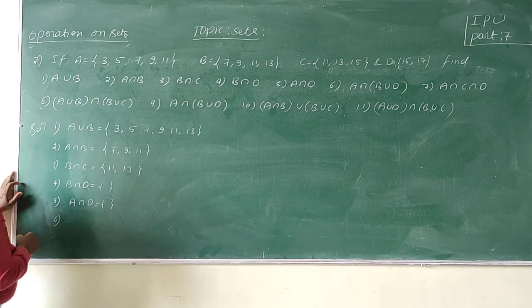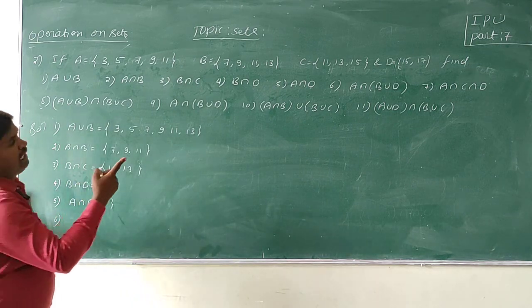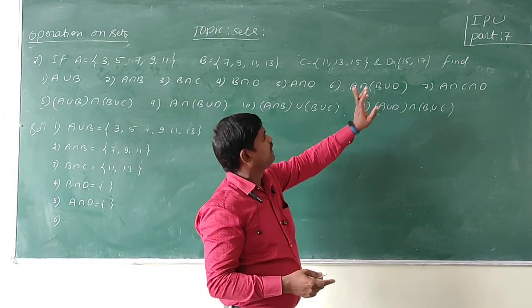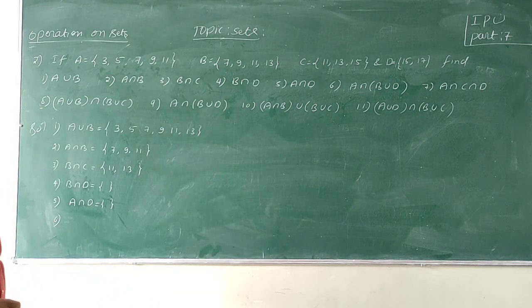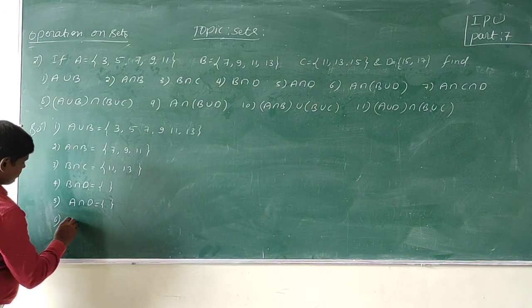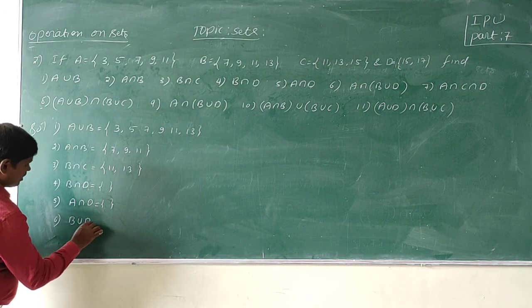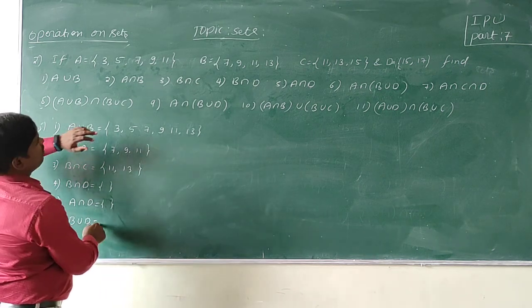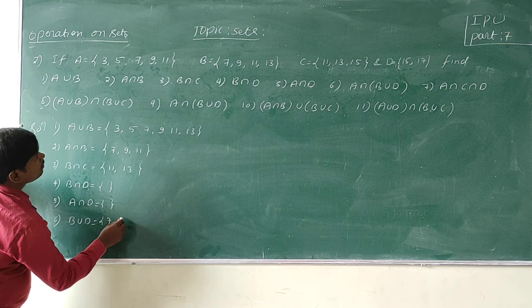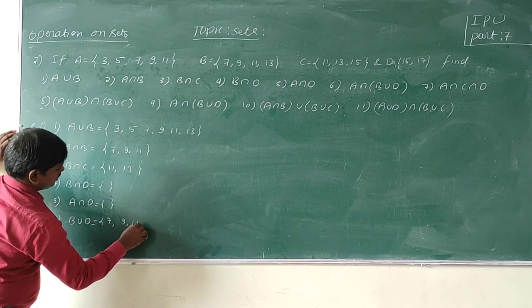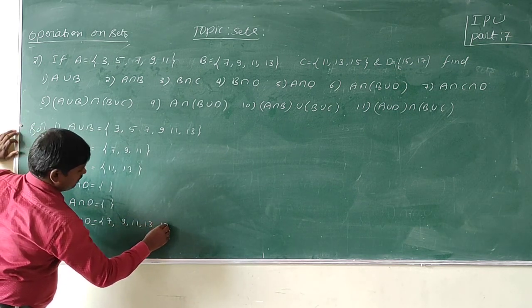And the sixth one: A intersection of B union D. First we have to find B union D and then intersect with A. B union D is 7, 9, 11, 13, 15, 17.